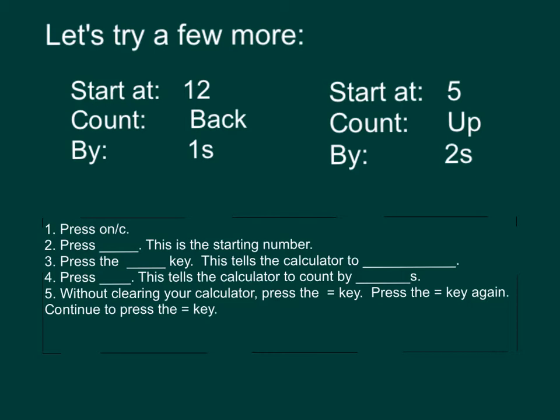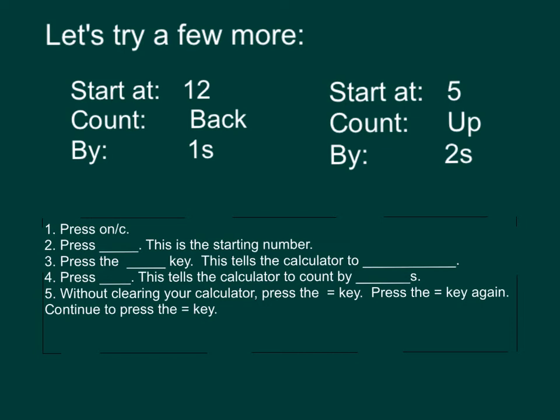Step 2, press 5. That is our starting number. Step 3, press the plus key. This tells the calculator to add. So we're counting up.